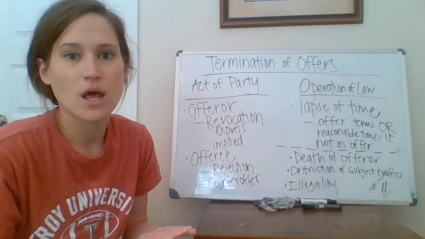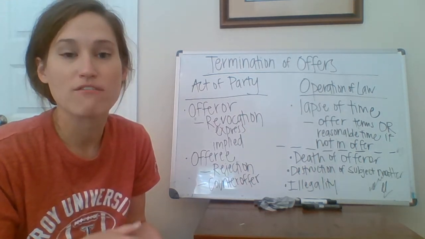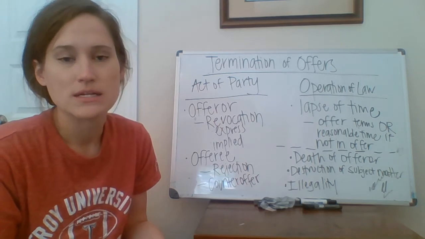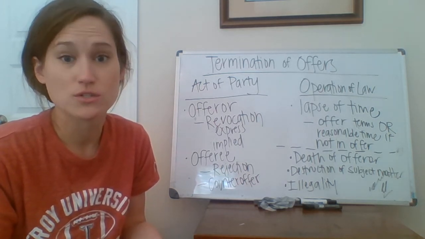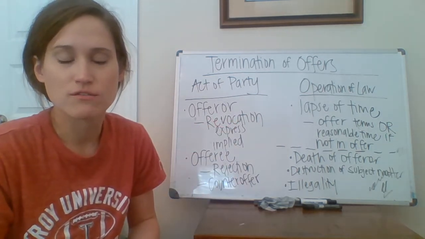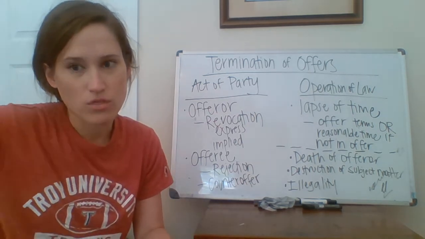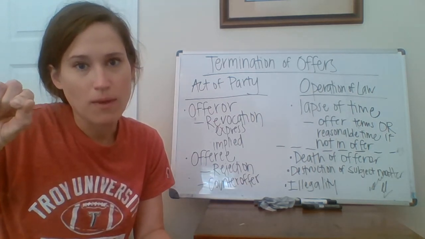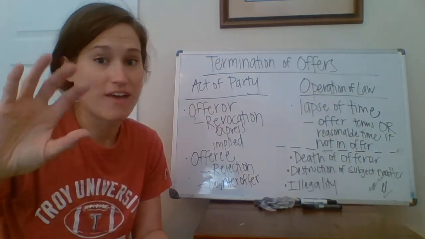And one of the main rules that we discussed when we talked about when acceptance is effective is that acceptance must come before the offer is terminated. So remember, we used the little analogy of a little guy in maybe a comic book with a little speech bubble. And we talked about how the offer needs to be out there, right?